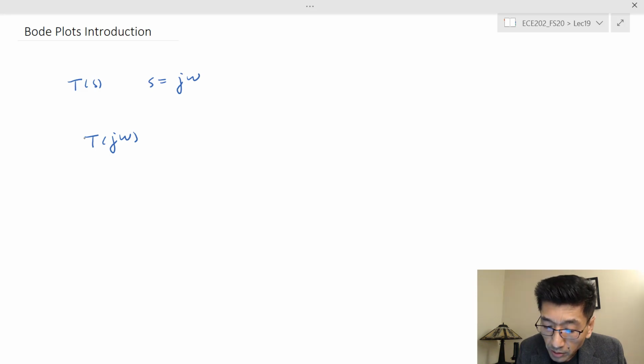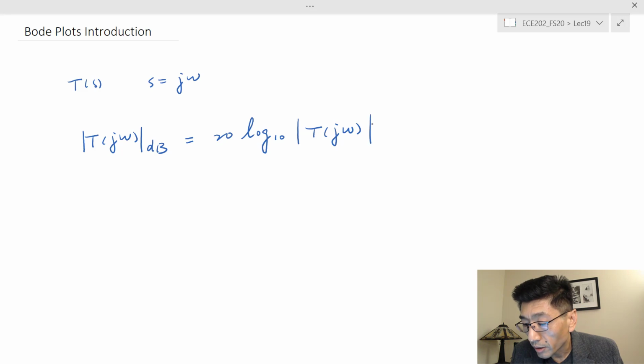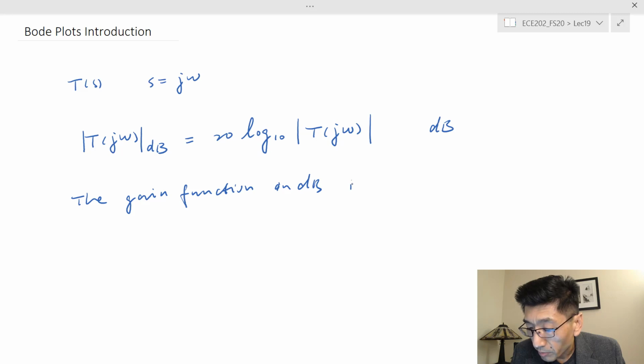So if we take the absolute value, and then take the dB, which denotes 20 log base 10 of this gain function, we plot this gain function in dB, which is |T(j omega)| in dB.